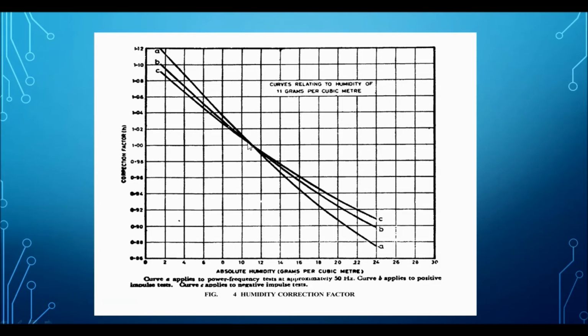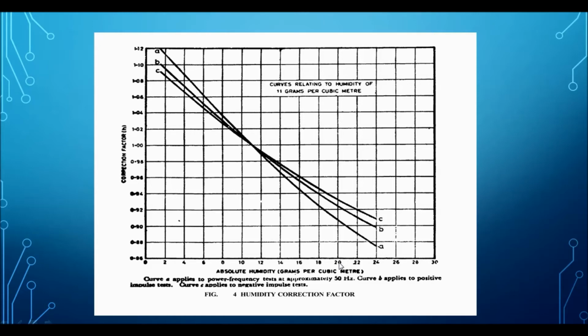Okay, you can see there are 3 graphs, A, B, C. As already mentioned, A is approximately 50 Hertz, which means graph A is for the AC signal, graph B is applied for positive impulse, and graph C is applied for negative impulse. Our requirement is graph A and graph B: A for AC voltage calculation and B for impulse voltage calculation.